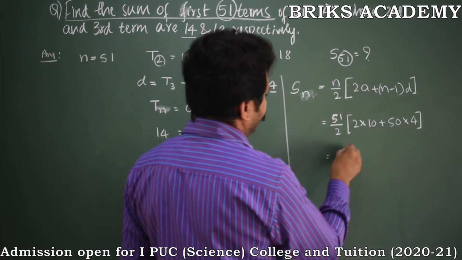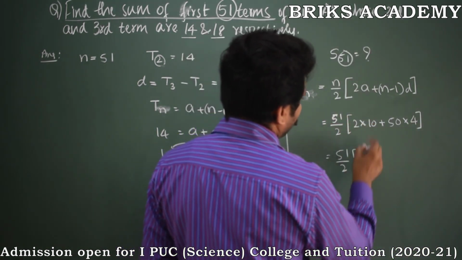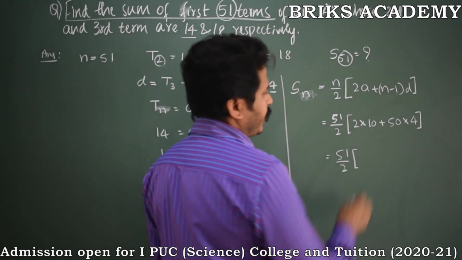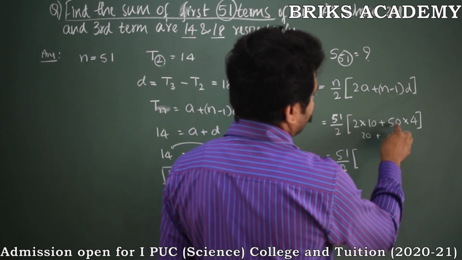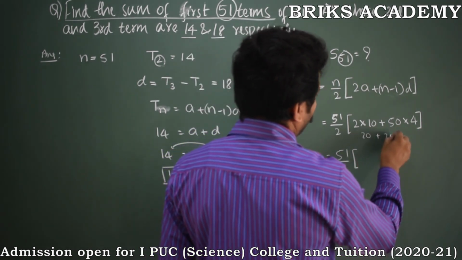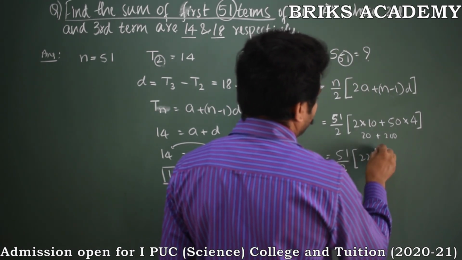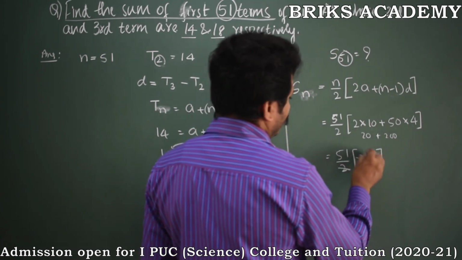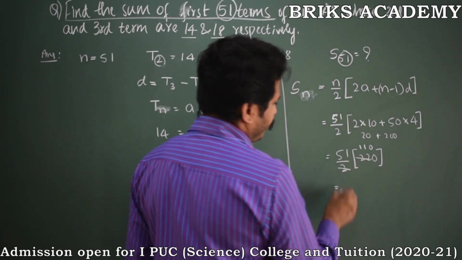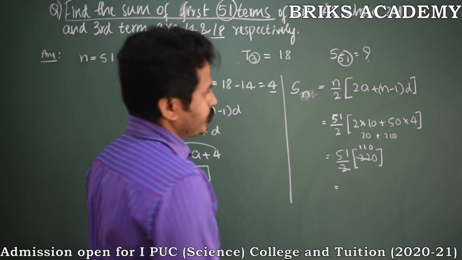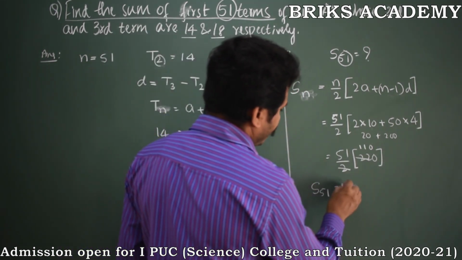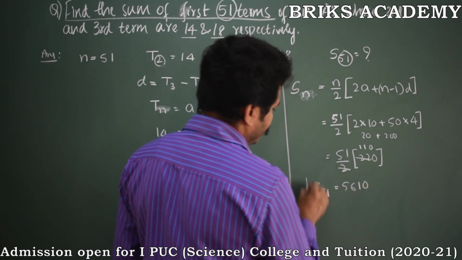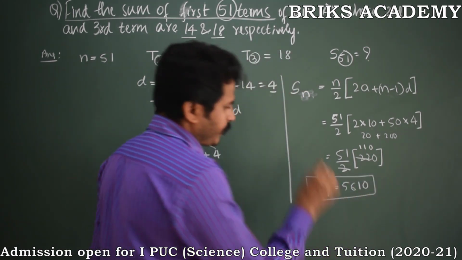That's equal to 51 by 2 into 10 2s are 20, 20 plus the 50 4s are 200, that is 220. 2 into 110. 51 into 110, how much is it? 5610. This is the sum of 51 terms.